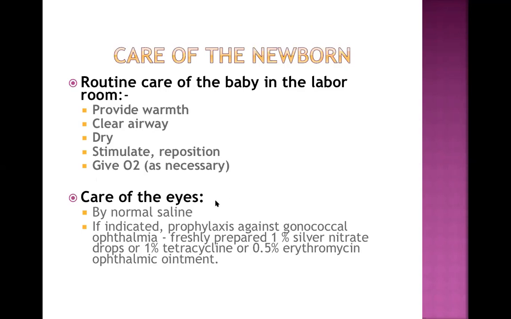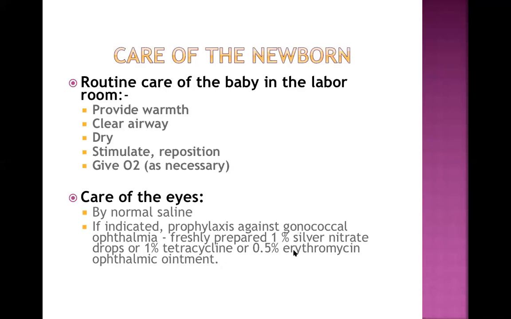Now, how to take care of the eyes? Put some normal saline in the eyes, and it will be all right. And if you suspect gonococcal infection in the mother, to prevent that baby from gonococcal infection of the eye, we can give 1% silver nitrate drops or 1% tetracycline or 0.5% erythromycin ophthalmic ointment in the eye of the baby.